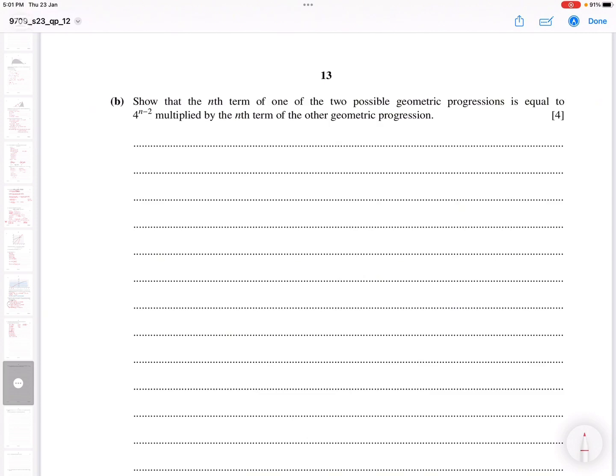So let's do it. My R equals 4 by 5 or 1 by 5.